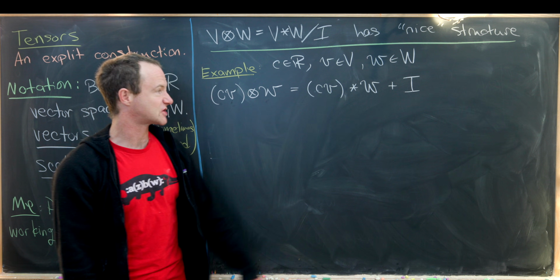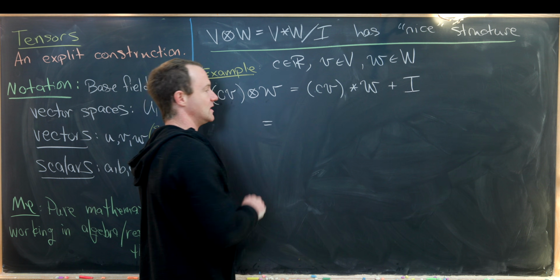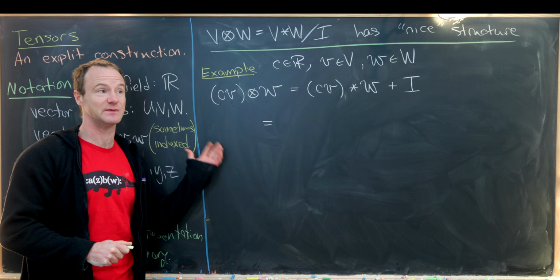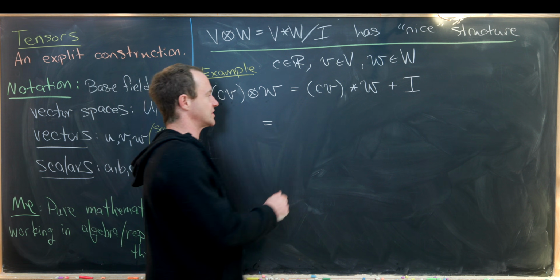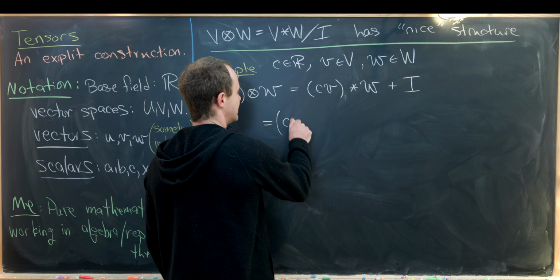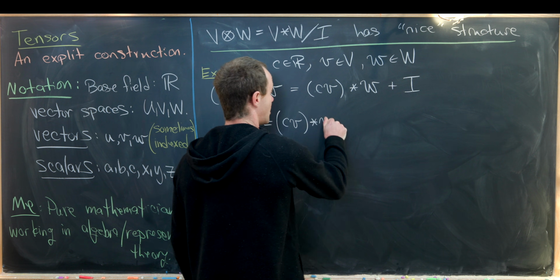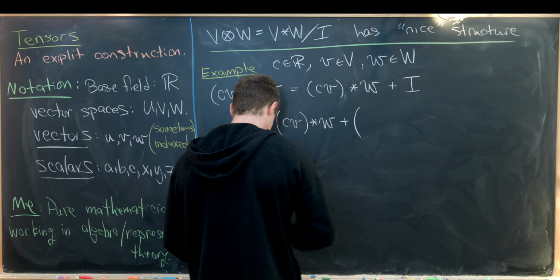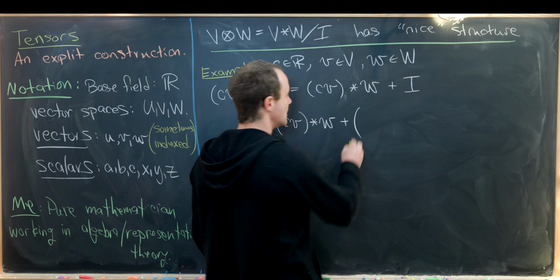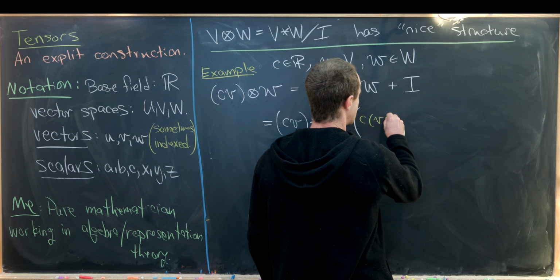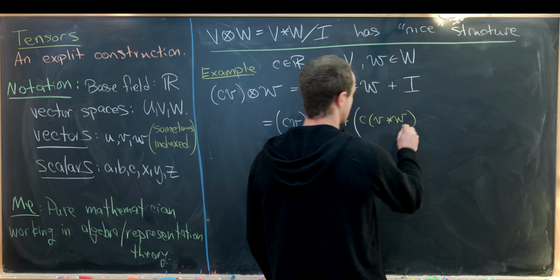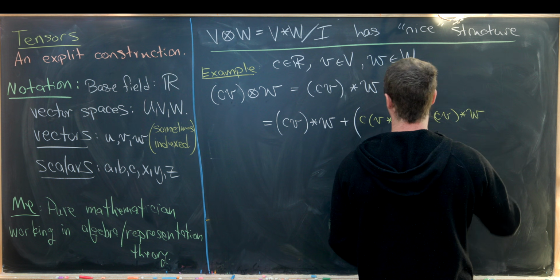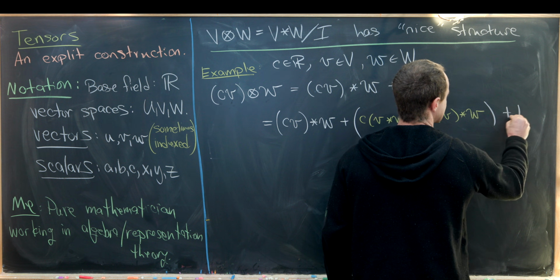But now we can extract something from I at no cost, because something from I is deemed as being equal to 0 in the quotient. So let's do that. So we'll have cv star w, and then what can we extract? Well, let's maybe write that in a different color. We have cv star w minus c v star w, and then plus I.